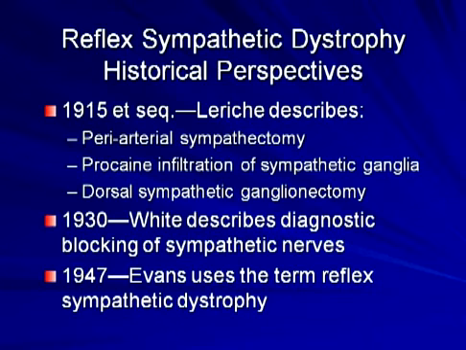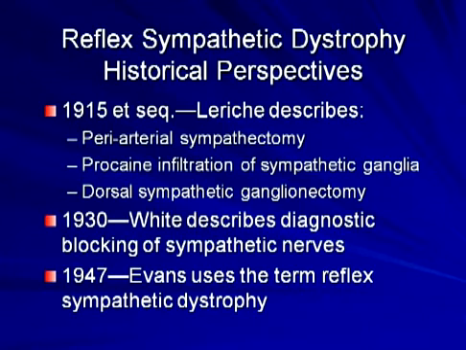Evans reviewed the literature, and Evans was the one who coined the phrase reflex sympathetic dystrophy. So from 1947, the term reflex sympathetic dystrophy came to dominate the description of this clinical manifestation.